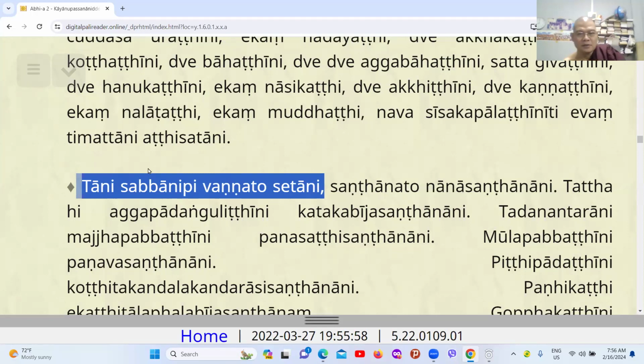We have also studied about this in the Dhatu Vibhanga. These 32 parts of the body, the aspect we studied there was from different points. But here we have to study these things with 5 aspects. In the Dhatu Vibhanga, we did not study with these 5 aspects.